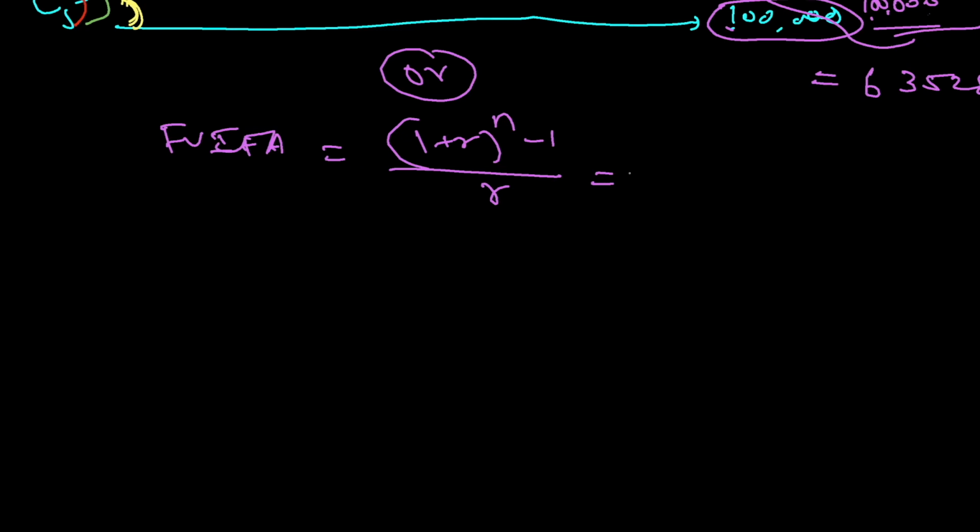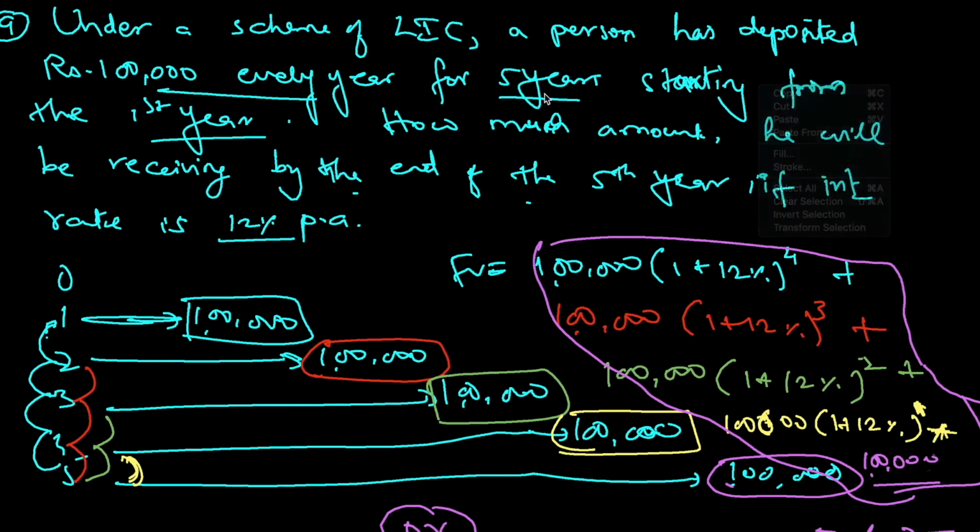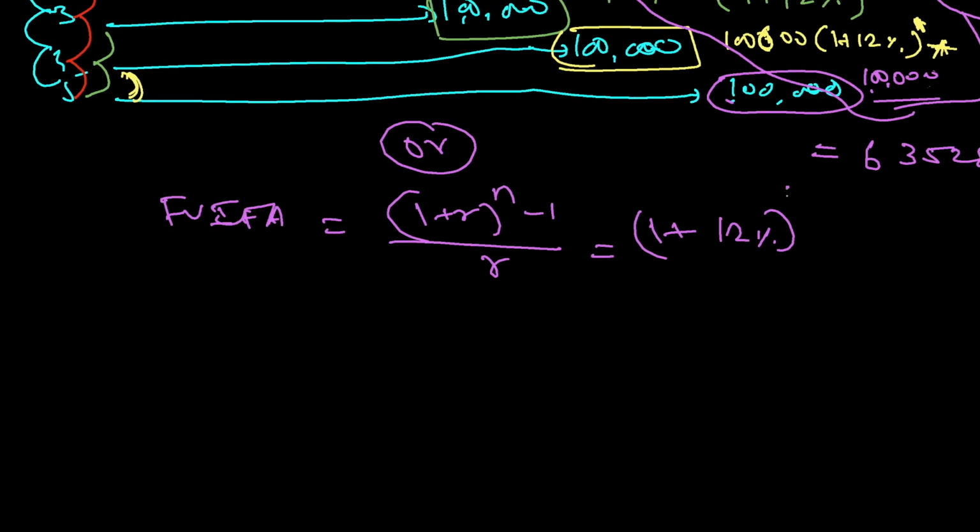So 1 plus 12% to the power 5, since he has invested every year for 5 years, minus 1, divided by 12%. When I calculate all this, it comes to 6.3528.